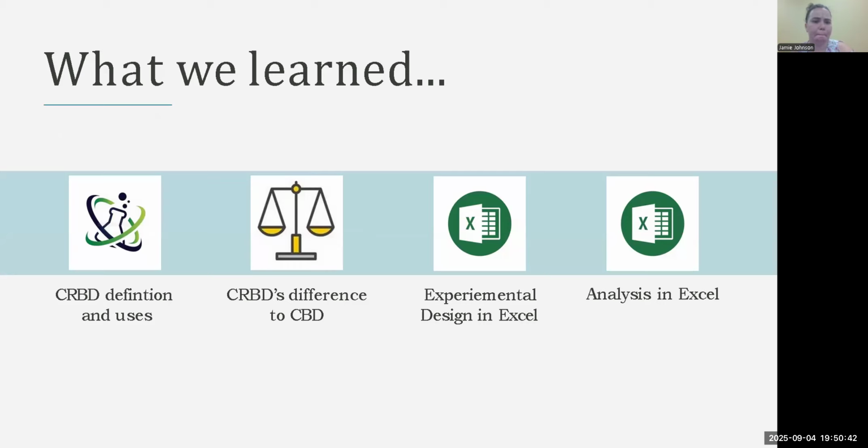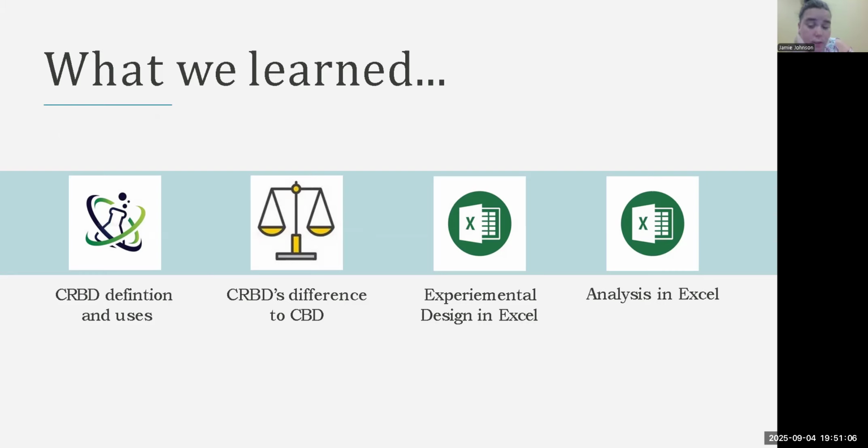You know what we learned? We learned completely randomized block design, its definition and uses, and its difference from completely randomized design. That's supposed to be an R, not a B. I don't proofread my stuff, apparently.